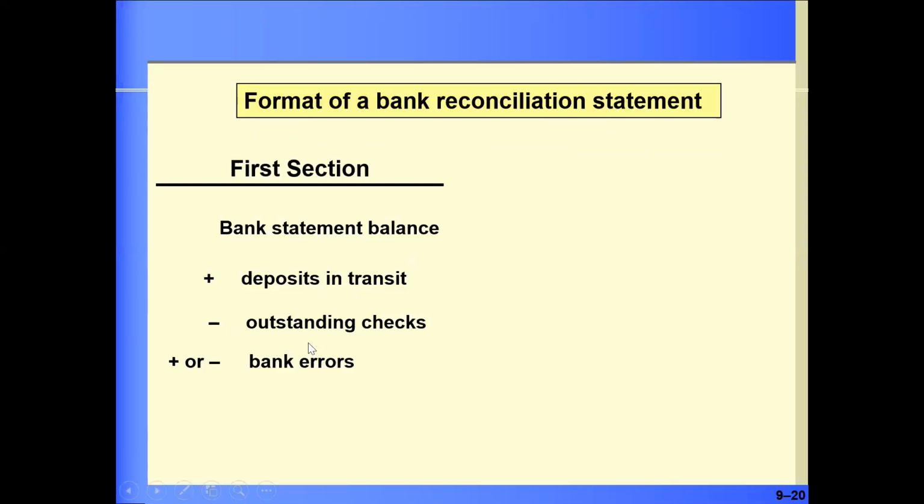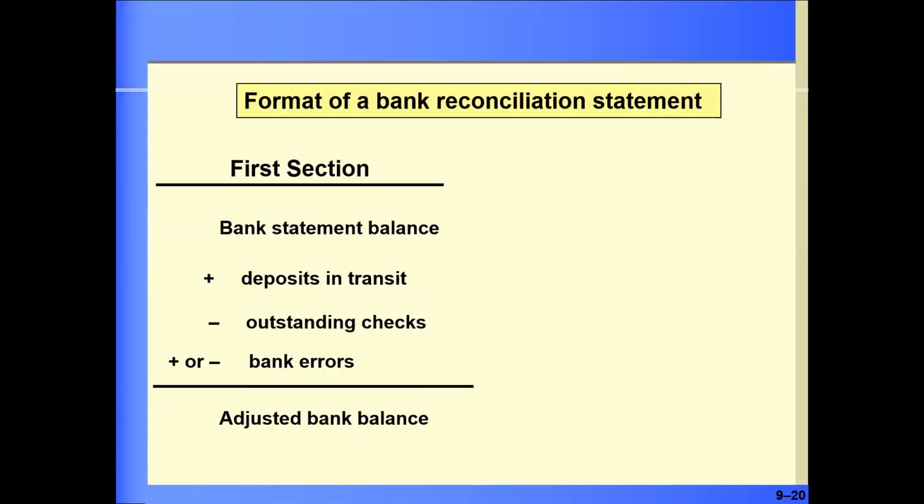So sometimes you have outstanding checks. So the bank statement needs to be adjusted by deposits it doesn't know about yet as of that date, and checks that you've written that haven't gone through the banking system yet, when checks you've written have been cashed by the people that you wrote them to. And plus or minus any bank errors. And that will get you an adjusted bank balance.